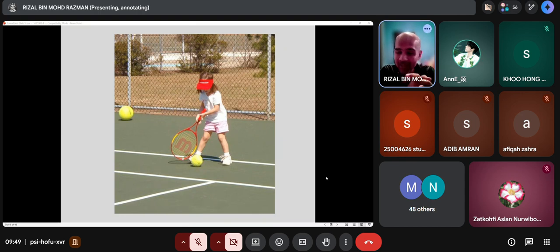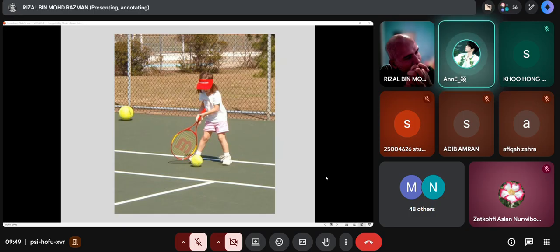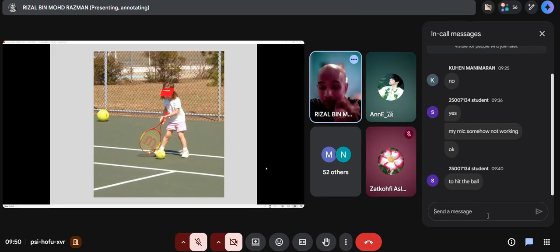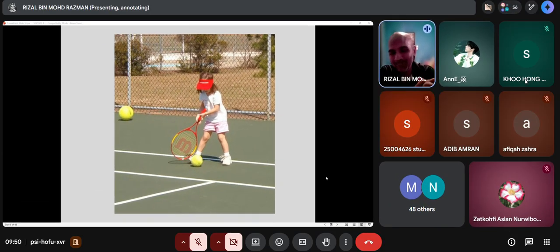Okay, no. They keep on missing the ball, but tomorrow they don't come for tennis. What will they be doing at home if they don't come for tennis tomorrow? The kids are staying at home playing. Yeah, what will they do at home? This is a big problem, no? They will play e-games.